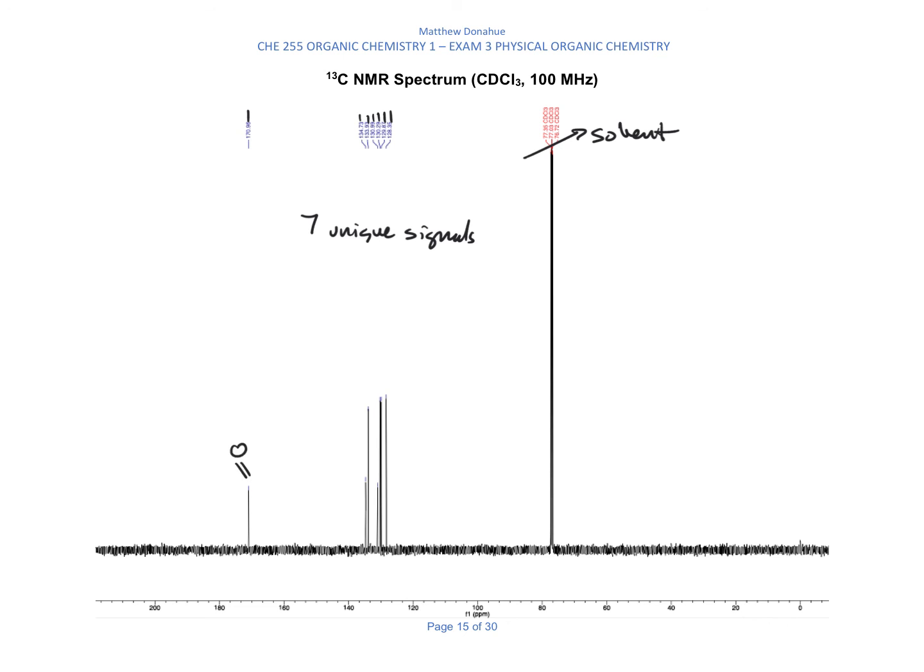This has to be the carbonyl. You have, therefore, 6 remaining, so it has to be a benzene ring. Now the question is, what is the substitution pattern of the benzene ring? Because you have the chlorine substituent and you have the acid substituent. So you have 2 substituents.